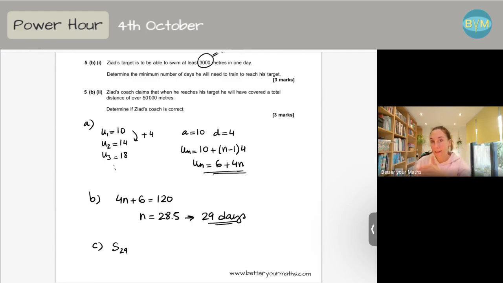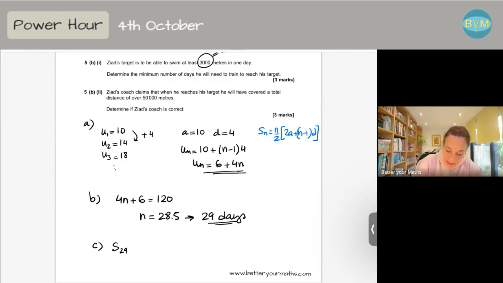I'm going to add all the lengths that he has done over 29 days to see how many meters he has swum. Remember, we have this formula in the formula booklet. The general term we don't, the Sn we do. So Sn is n over 2 times 2a plus n minus 1 d. This is the formula for n days added together.